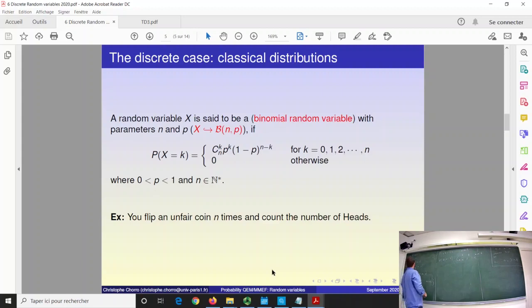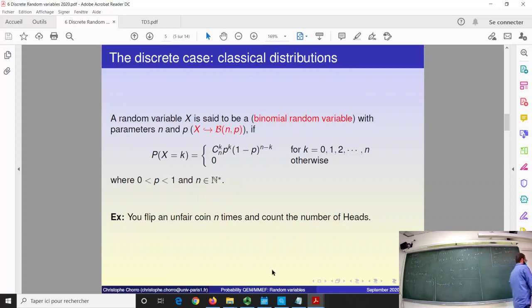Because if I consider x1, ..., x_n1, independent Bernoulli(p), and I consider y1, ..., y_n2, independent Bernoulli(p), that are also independent of the previous ones, I am in this situation.